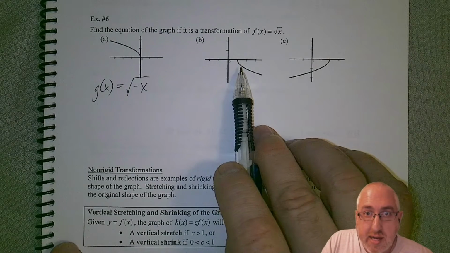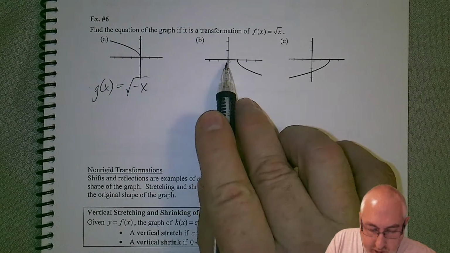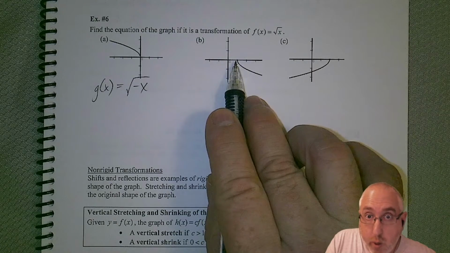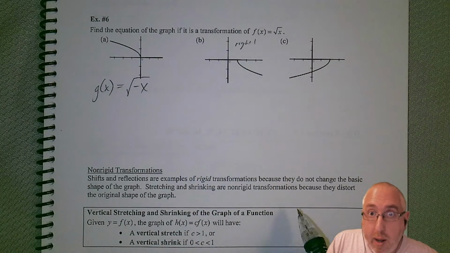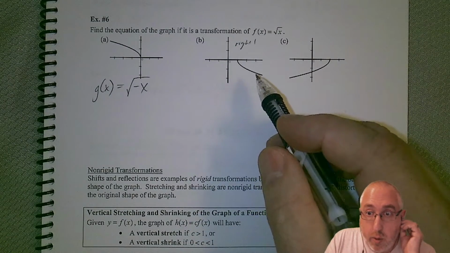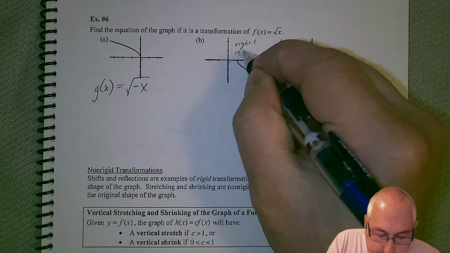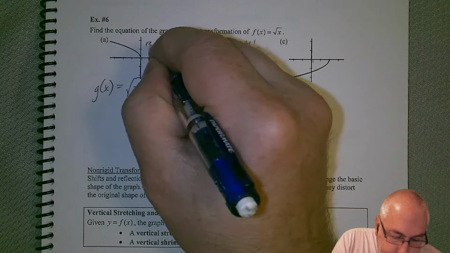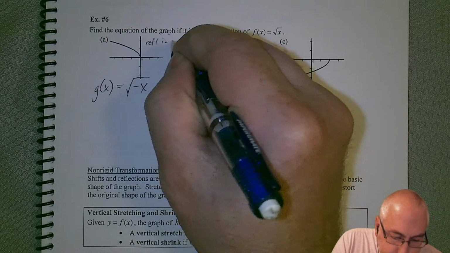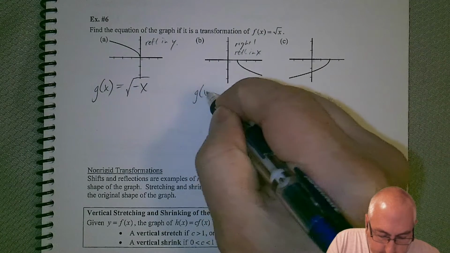All right, what about this next one? What's going on here? Well, we can see we're going to the right 1 unit, but it's also going down instead of up. So it's a reflection in the x. Okay, so let's see.